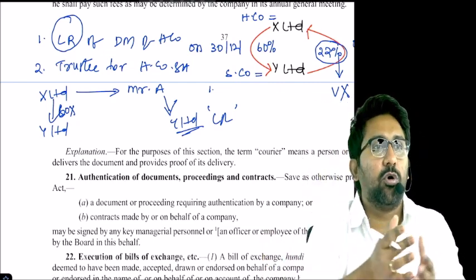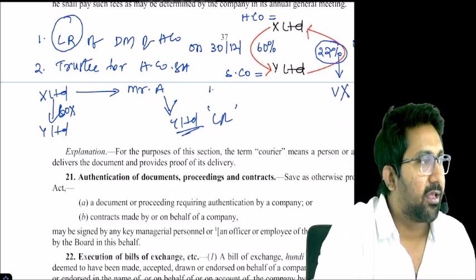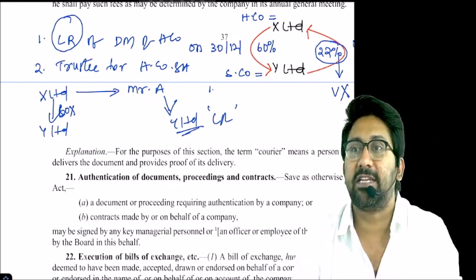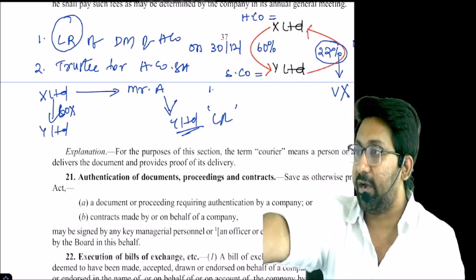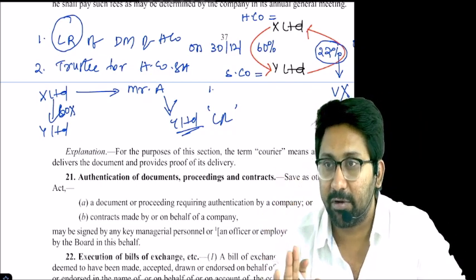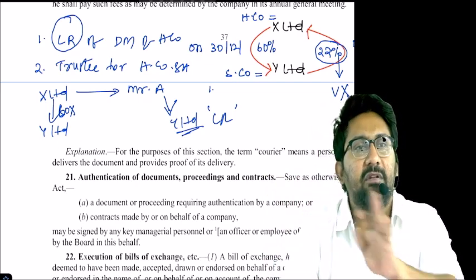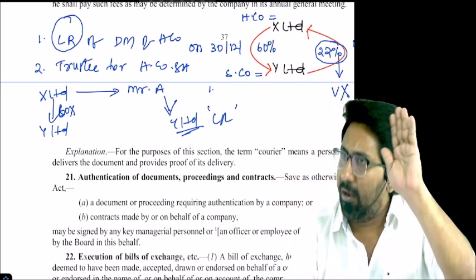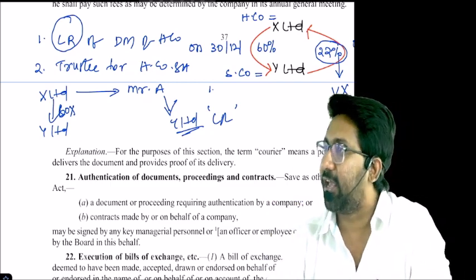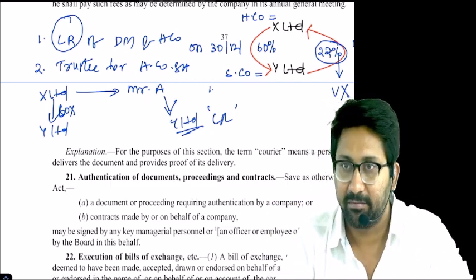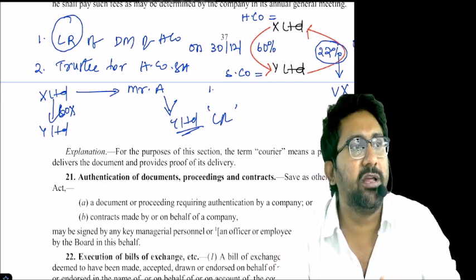Now the subsidiary is holding the shares of the holding company, but it is holding in a representative capacity. That is permitted. Everyone understood? Voting right will be given in that representative capacity, because I am not voting as Y, I am voting as Mr. A. In the first case, I am directly holding it.